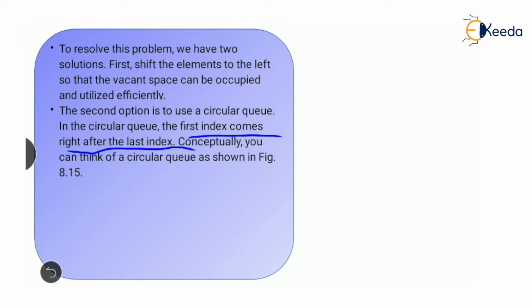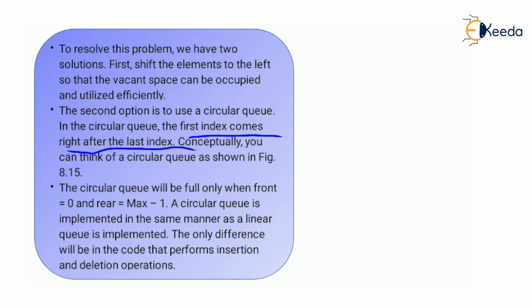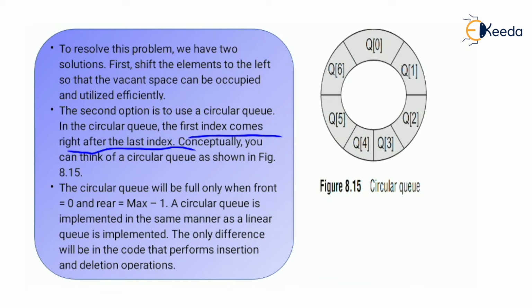With the help of this, conceptually you can think of a circular queue like this, as in figure 8.5. The circular queue will be full only when the front is equal to 0 and rear is equal to max minus 1.